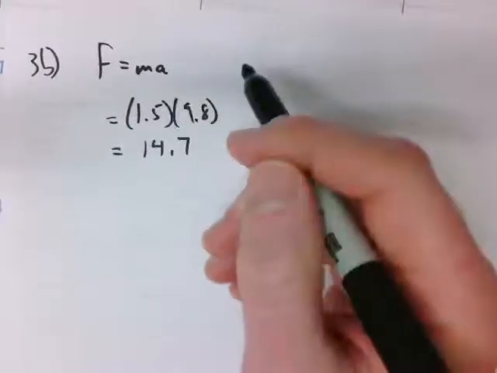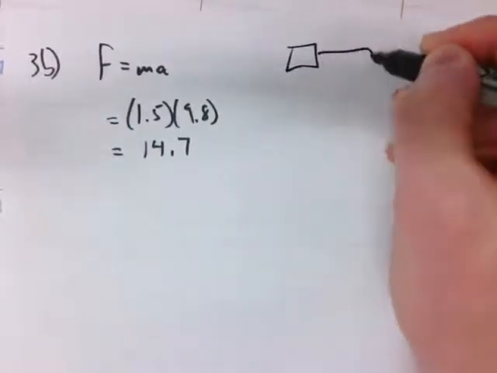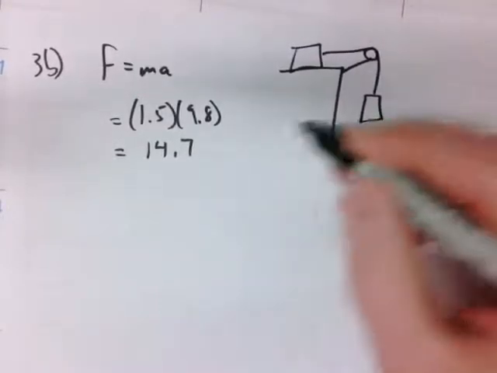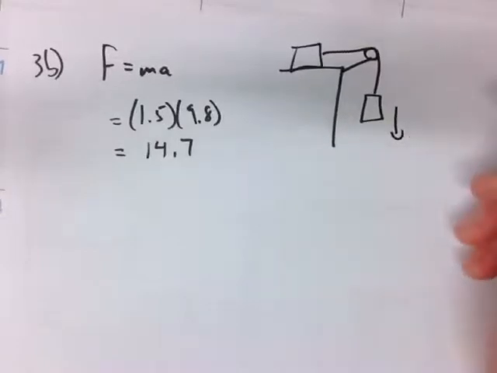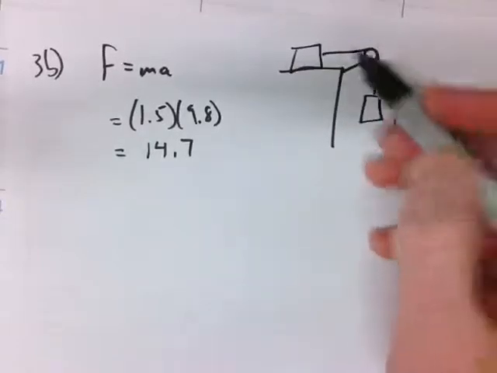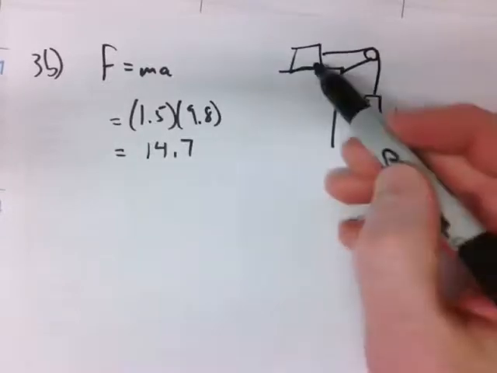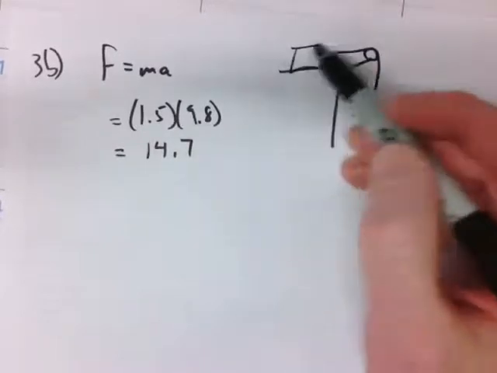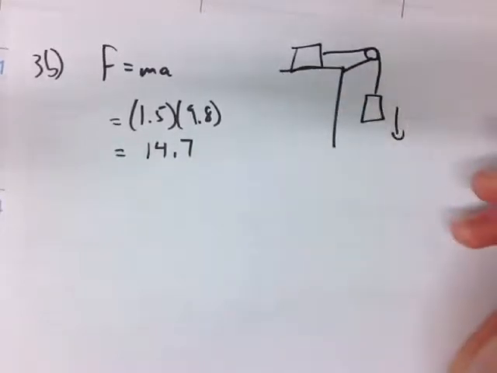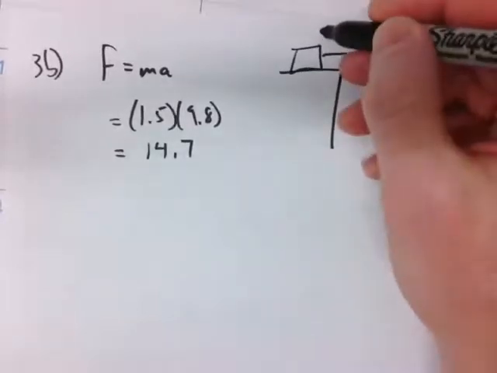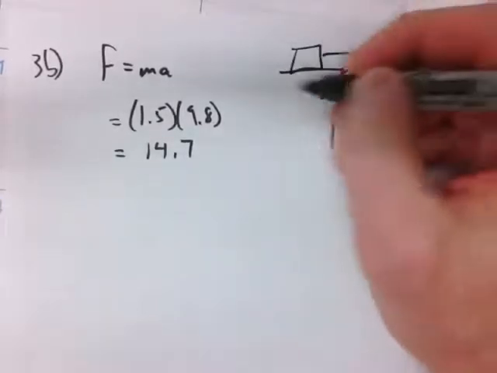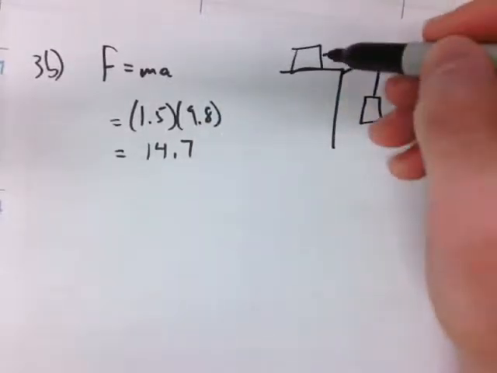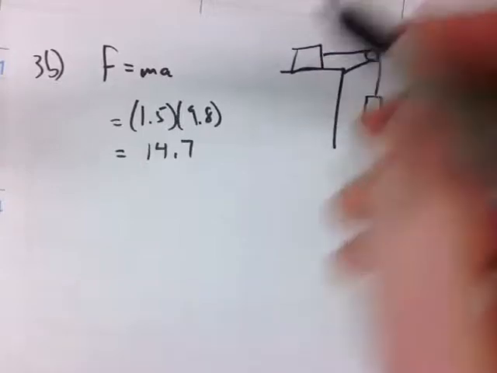How do I explain this? Okay, so what's going on is it's 14.7 newtons that's pulling down on this. That's if it's just hanging, right? If this was just moving with no resistance, then it would keep going. If this thing wasn't moving at all, then it would be 14.7, but it's moving. This thing is moving, just not super fast.